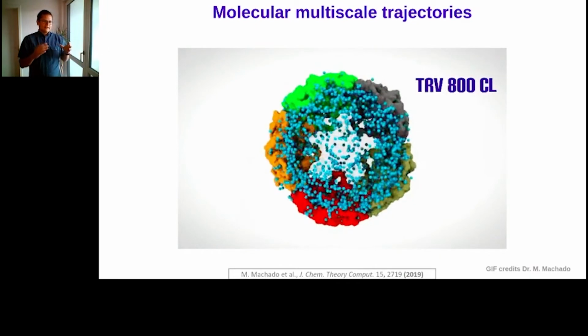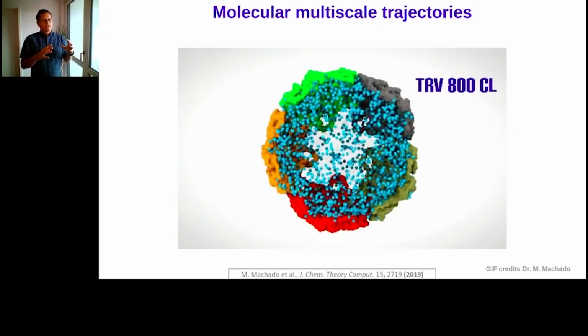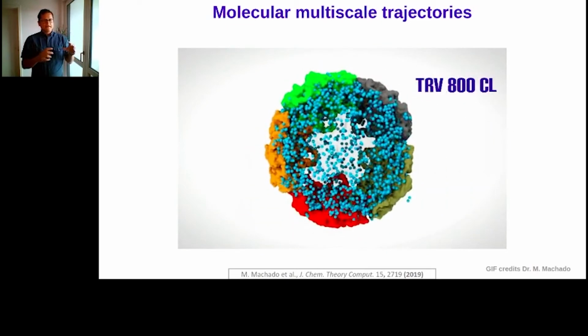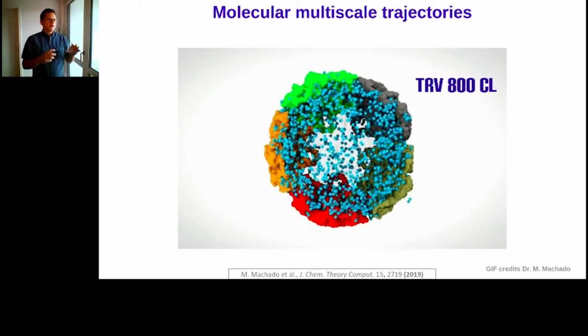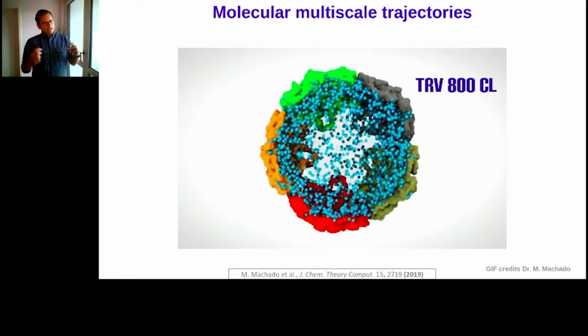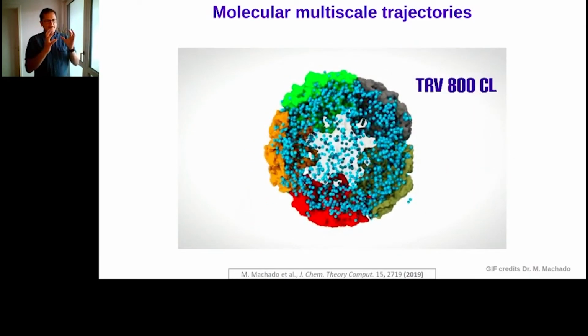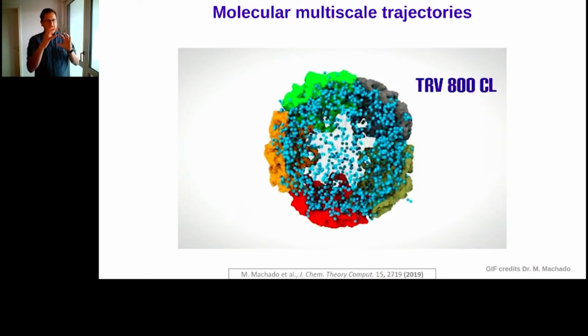And this is a molecular dynamics simulation. This is how the trajectory looks like. In this case, everything is coarse-grained, so we already have beads instead of atoms. And these beads, as you can see, resemble the viral capsid of the triatoma virus, depicted with different colors.